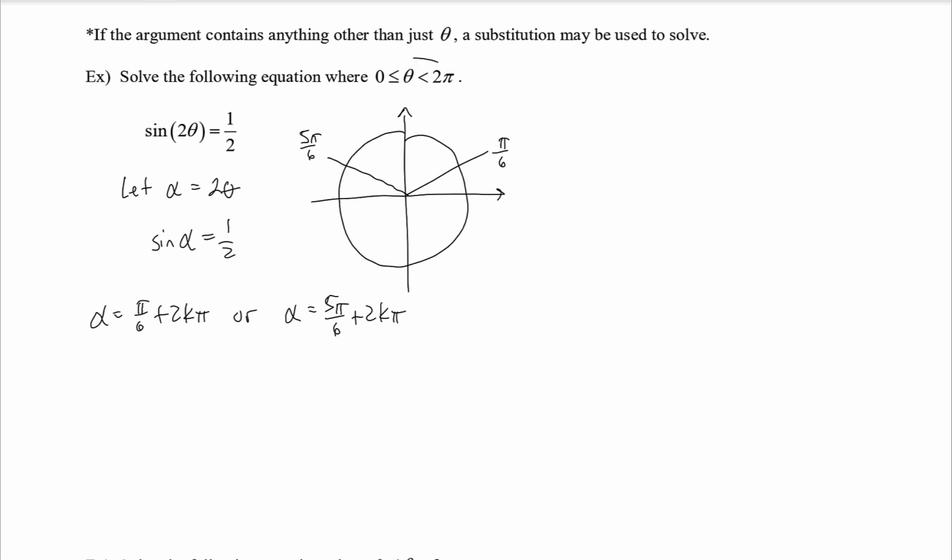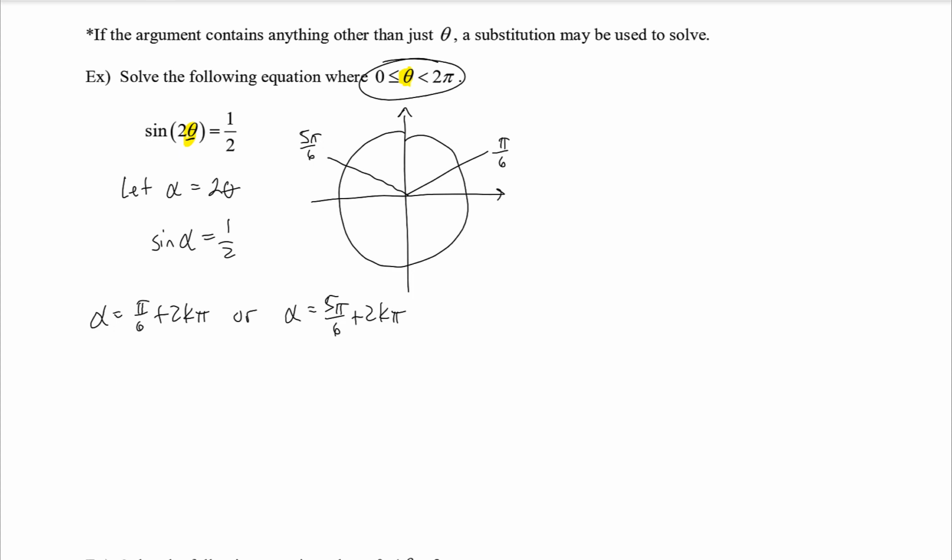And it says we want theta to be between 0 and 2 pi. Remember, we're trying to solve this for theta. Theta is the variable. But yet I've got this alpha in here. Well, alpha's done its job. Remember, alpha is holding the place of 2 theta. So let's go back and plug back in 2 theta.